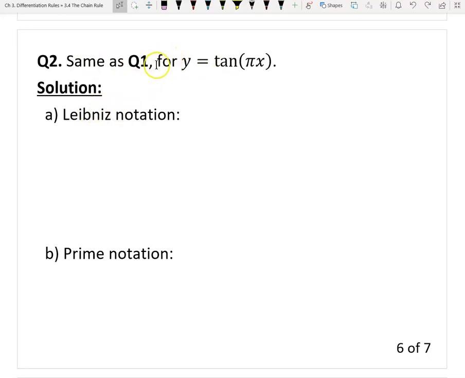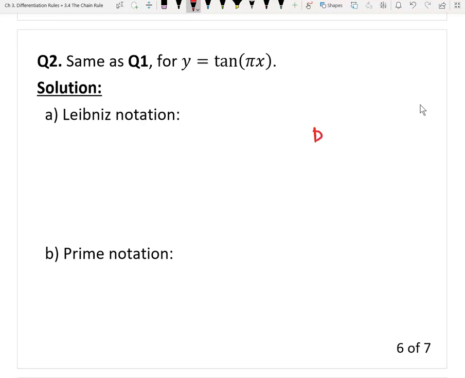They will ask us to decompose, and then to find the derivative using Leibniz notation, find the derivative using the prime notation, and then we compare the 2 answers to see whether they are the same or not. Okay, so let's move on. I think you already get the steps. All I'm going to do is this. So the first is decompose, right? Let me write here the same.